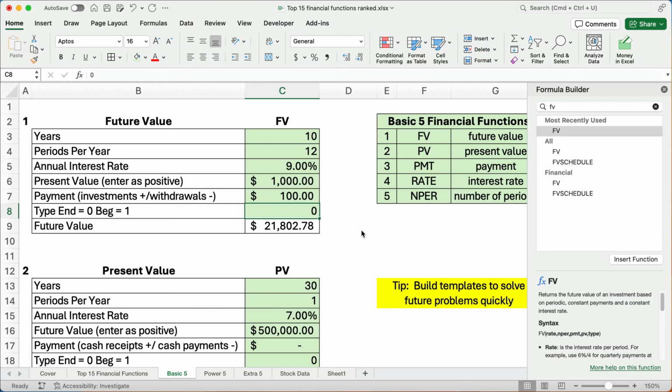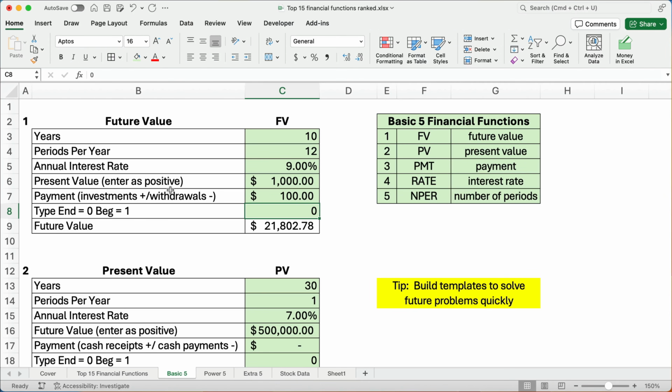That should make the account grow. $100 a month for 10 years times 12 months, that's 120 times you're making a $100 payment. Now you have $21,802. So this is a template, and any other future value problems that you ever have, you could just plug in what you need and solve. It'll solve for future value.